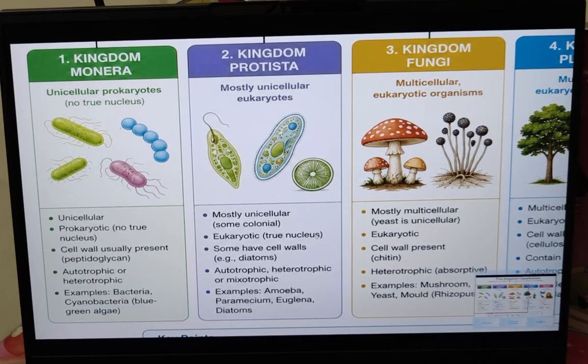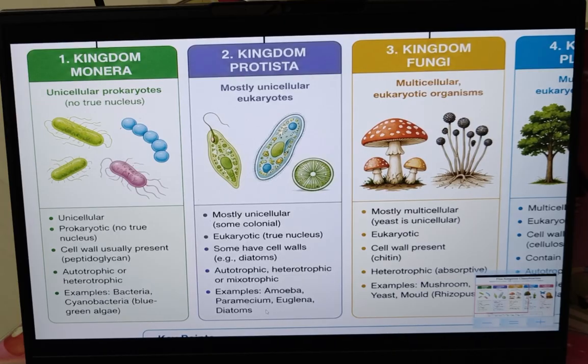Eukaryotic meaning it has a true nucleus. Here, Eu meaning true, karyotic meaning nucleus. Then some have cell walls, for example diatoms, and they are autotrophic, a few are heterotrophic and a few are mixotrophic. So it has both the categories.